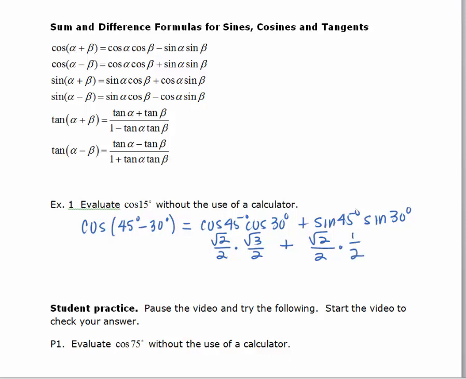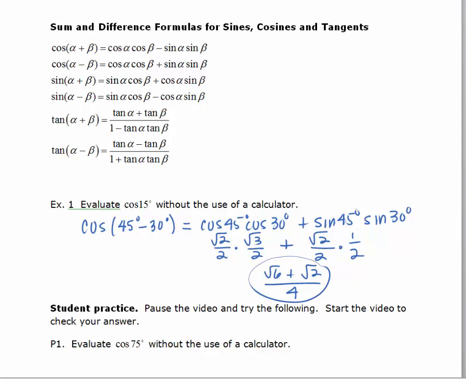The sine of 30 degrees is 1/2. When I simplify these, I get the square root of 6 over 4 plus the square root of 2 over 4. So I get the square root of 6 plus the square root of 2 all over 4. And that's considered the exact value.